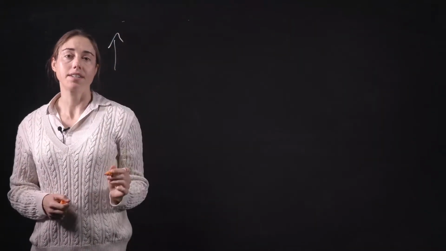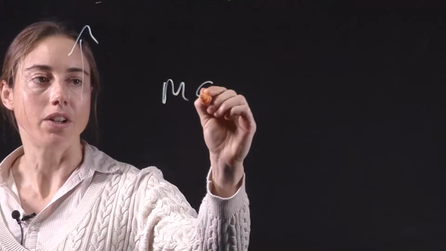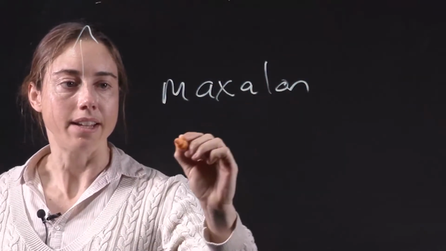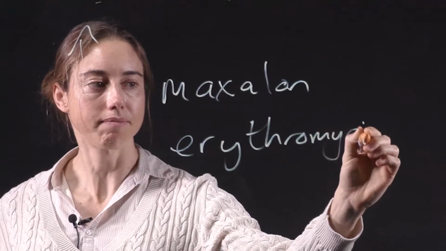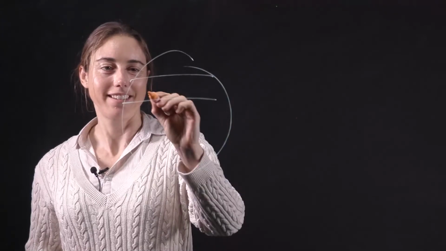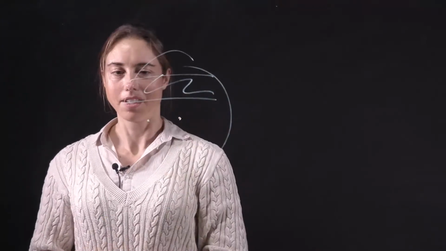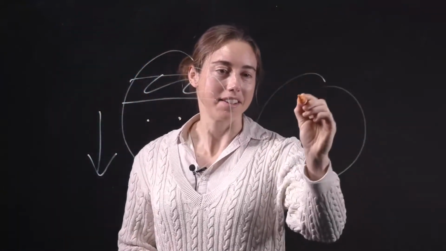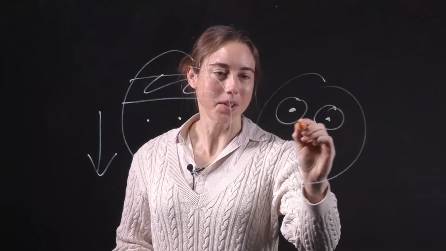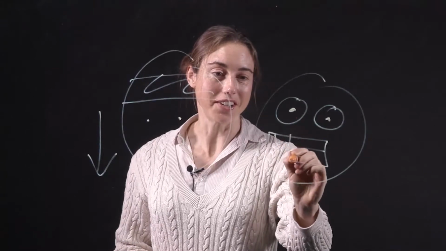Drugs that increase gastric emptying include Maxolon and the antibiotic erythromycin. Other factors include head injury, which normally decreases gastric emptying, and anxiety, which can increase or decrease gastric emptying.